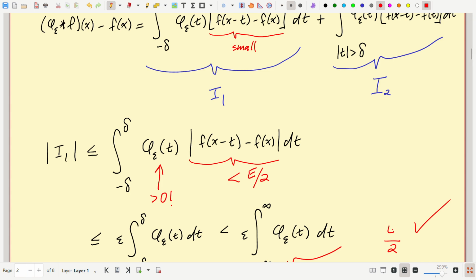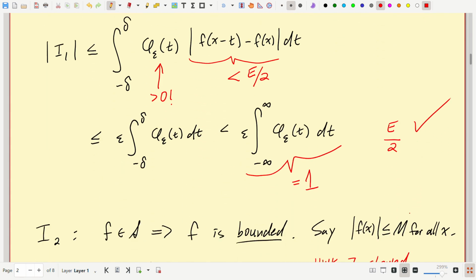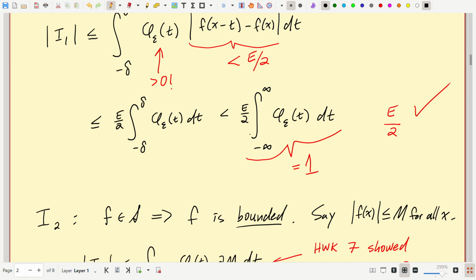So this is an E over 2. And now, for less than, what am I writing here? Yeah, so I should have written, this is less than E over 2. This is E over 2. And I get it less than E over 2, independent of the epsilon.